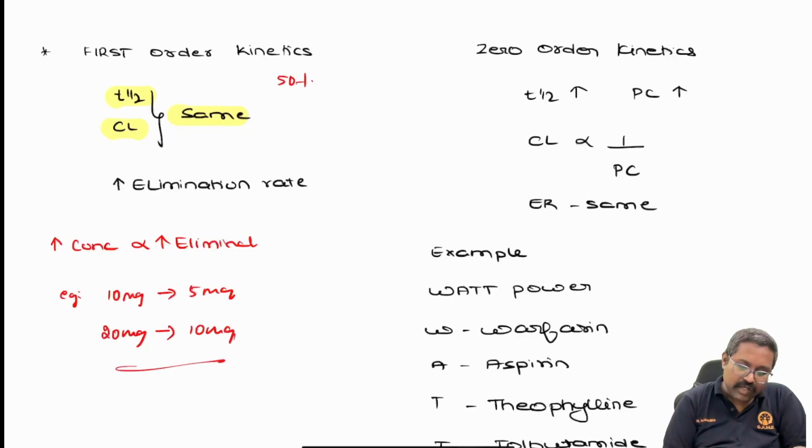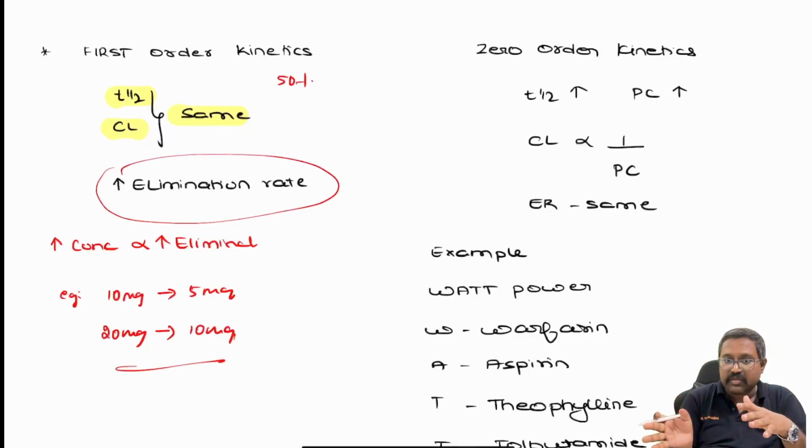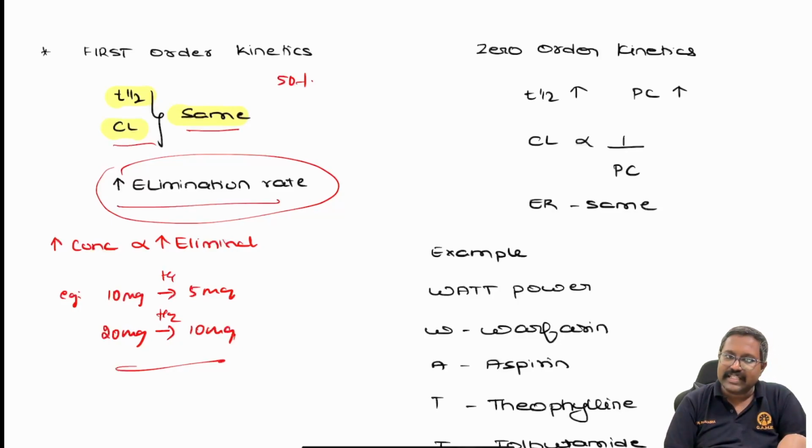There is a constant fraction of elimination. So what about the elimination rate? The elimination rate will be proportional to the dose you are administering. If you increase the dose, the rate of elimination will increase, whereas the half-life will remain the same, and clearance will be the same, whereas the elimination rate will increase in first order kinetics.